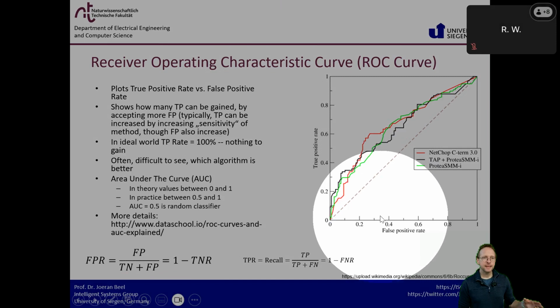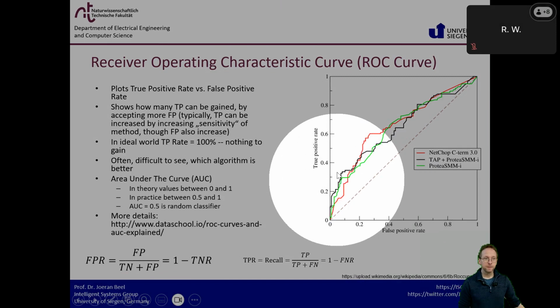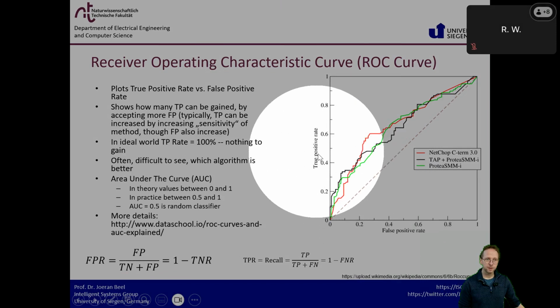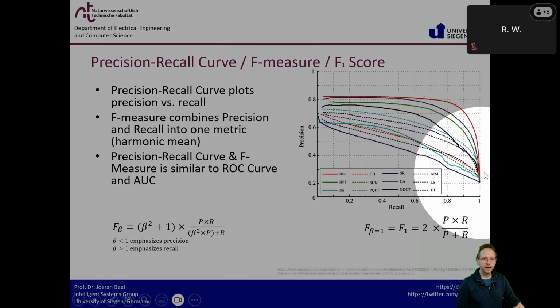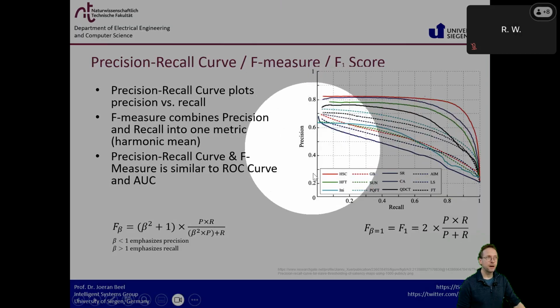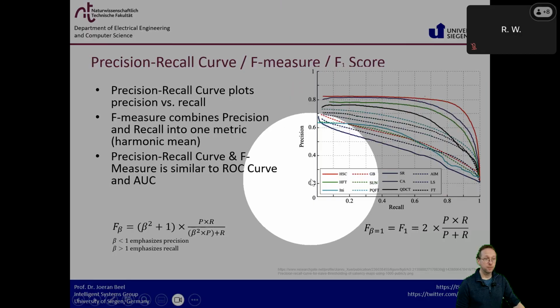You can at least see how this develops, the true positive rate and the false positive rate. Very similar is the precision recall curve, more or less the same. You see that in the end, every algorithm ends up at a recall of 1, but precision goes down a lot. So you are compromising on the true positives and false positives.